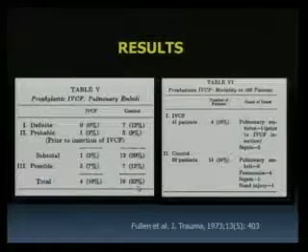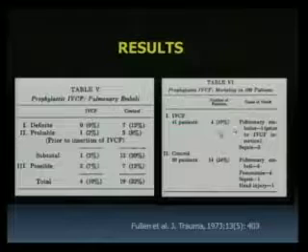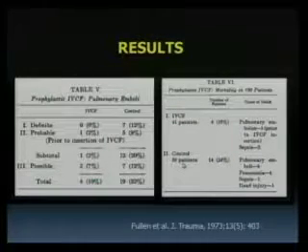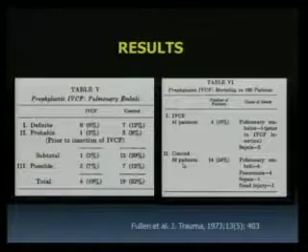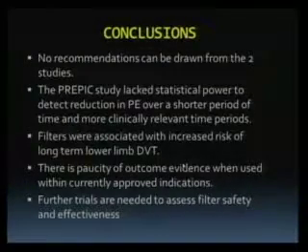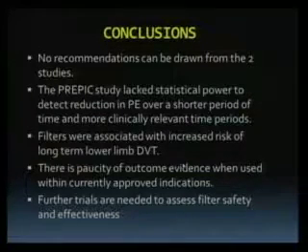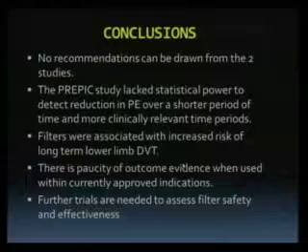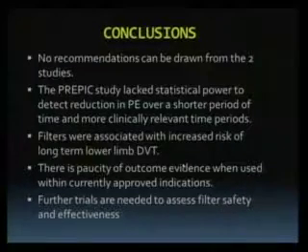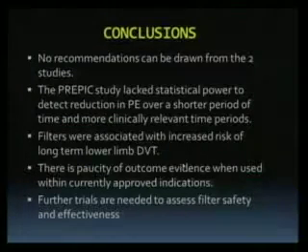When you look at mortality in the filter group, mortality in the filter group is 10%, in contrast to the 24% that was registered for the control patients without the filter. But based on the conclusions that were drawn from the two studies by the Cochrane collaboration, the PREPIC study lacked statistical power to detect reduction in PE over a short period of time and more clinically relevant time period.